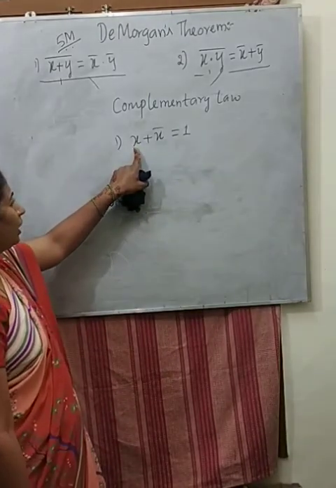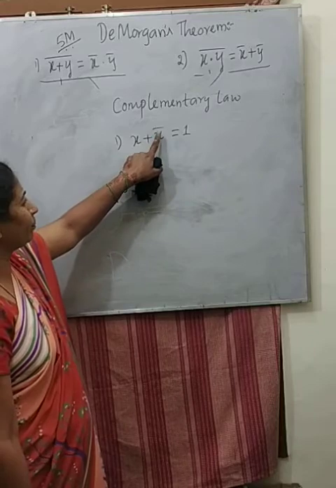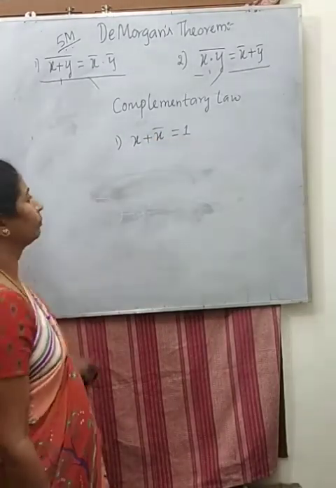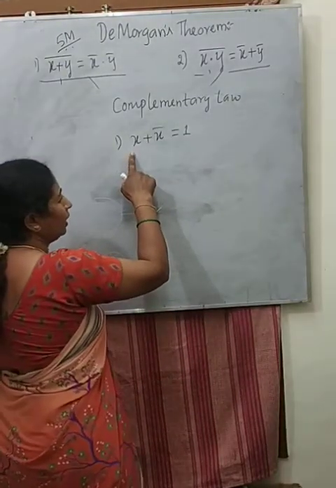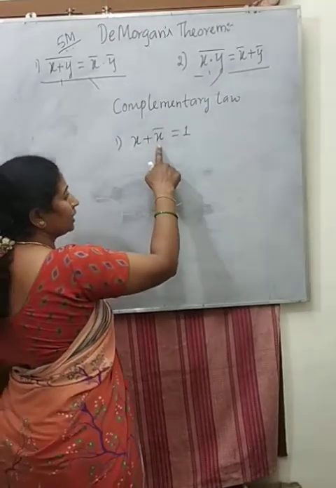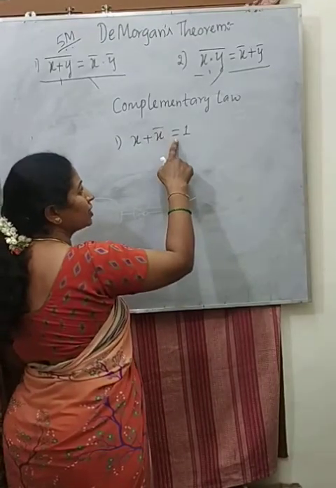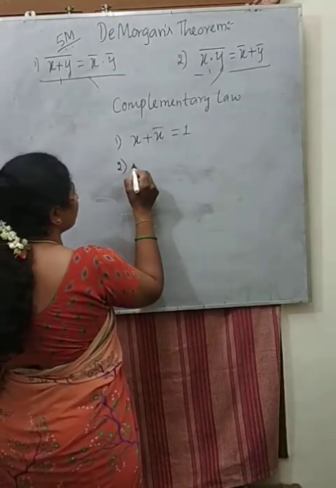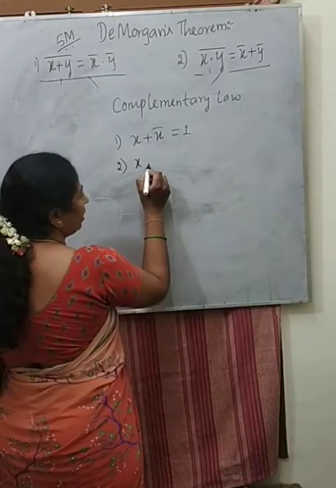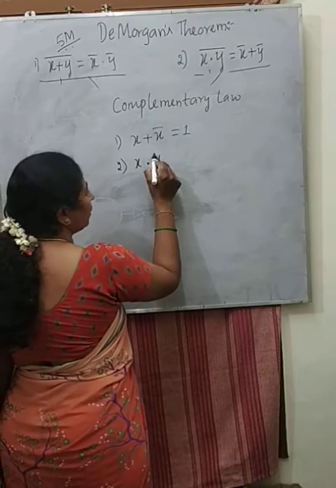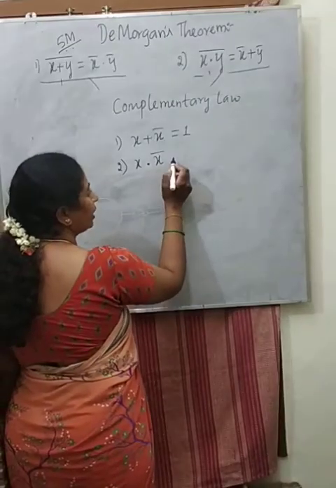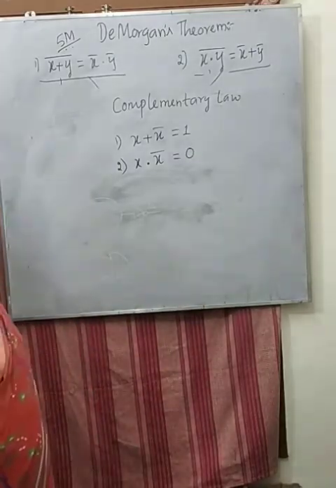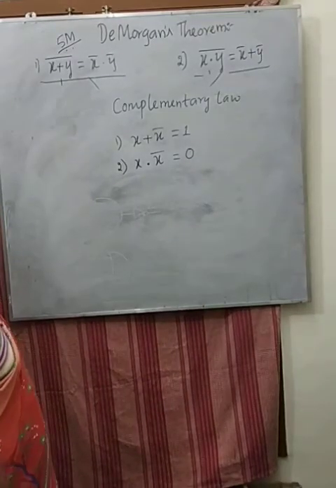The sum of a variable and its own complement is equal to 1. A logical variable added with its complement gives output 1. A logical variable multiplied with its complement gives output 0.